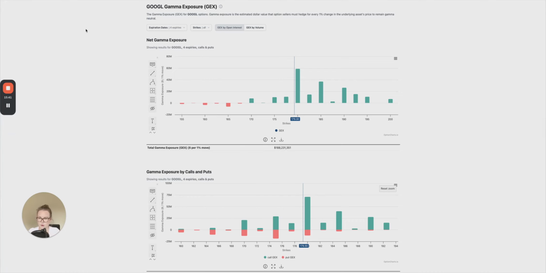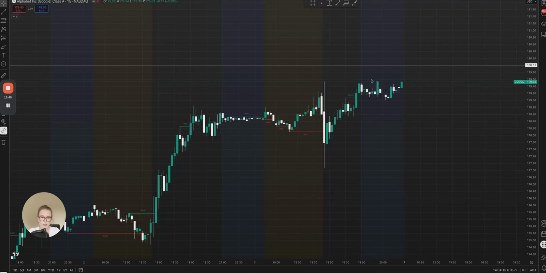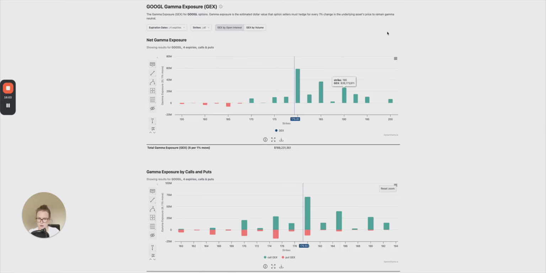So again, when we go back to Google's chart, it kept trying to break 180, tried a few times, but never really got there. And not once on the 15-minute did we see a candle close above it in recent days. And that's not random resistance. That's just how gamma mechanics work. So why am I telling you this?